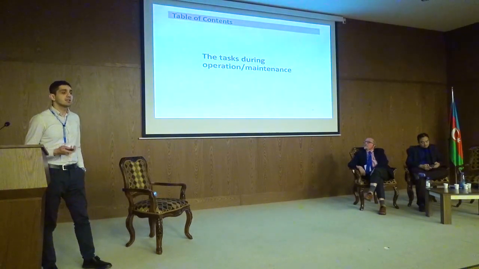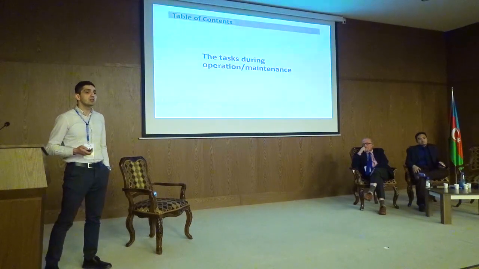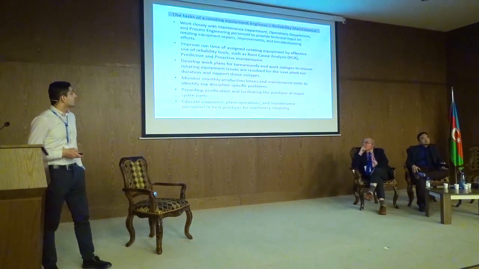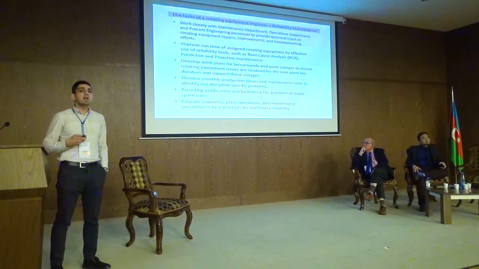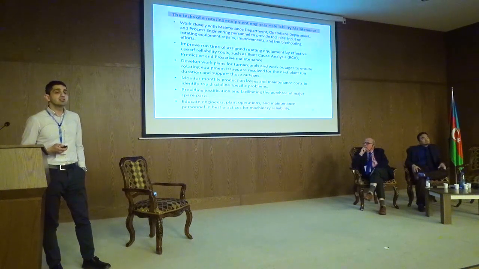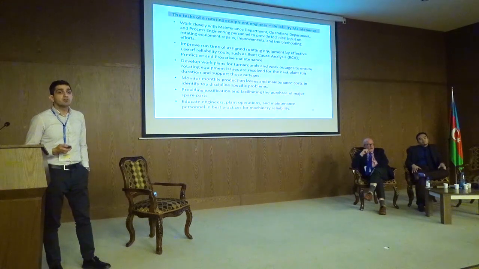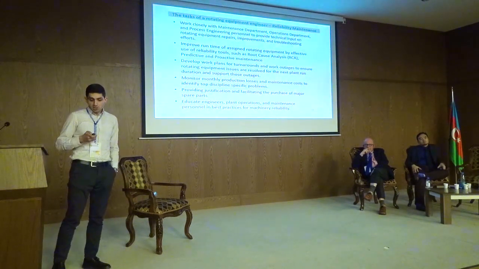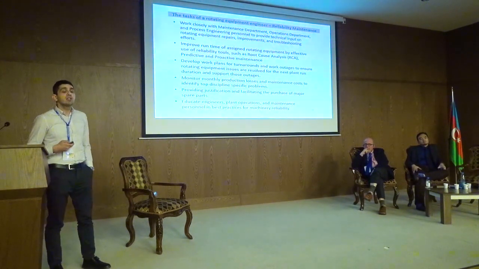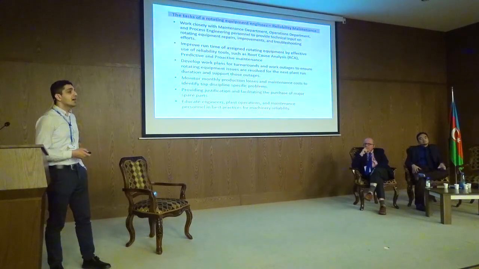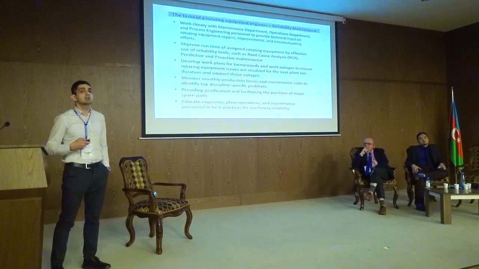The next stage is that the plant is ready for operation and maintenance. During the maintenance and operation stage, the rotating equipment engineer is basically responsible for the reliable operation of the rotating machinery. We want to have rotating machines running as long as possible without any interruptions.